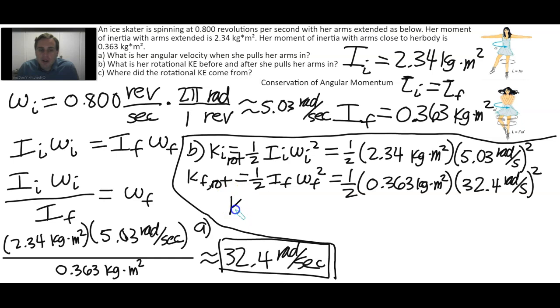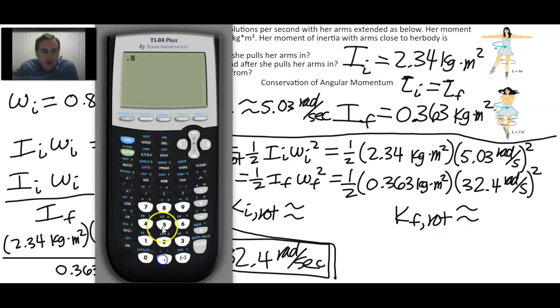Okay, so let's get her initial rotational kinetic energy approximated, and let's get her final rotational kinetic energy approximated. So her initial should be 0.5, that's a half, times 2.34 times 5.03 squared. So that is 29.6, and that's joules.